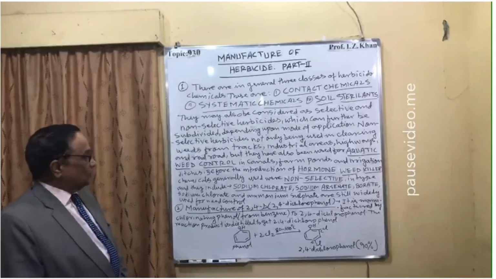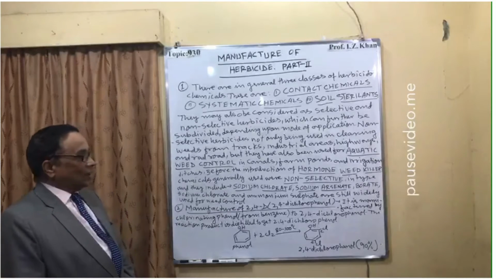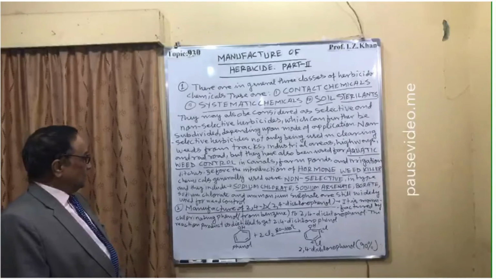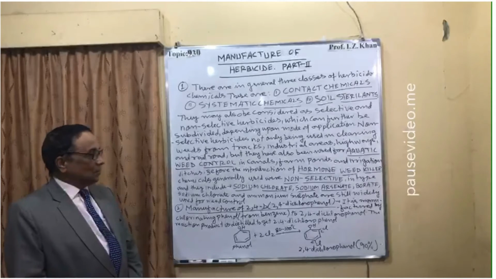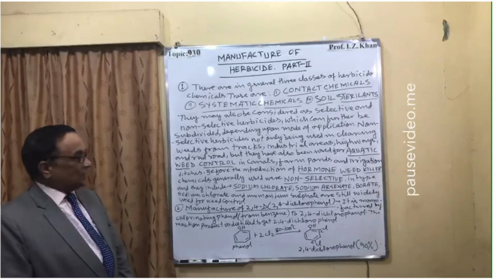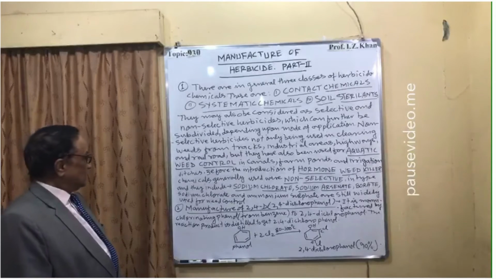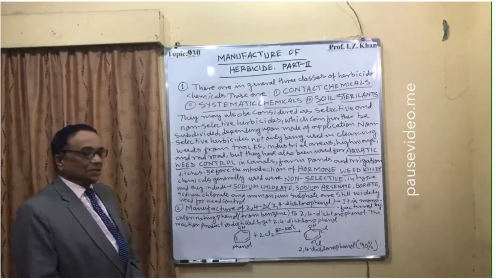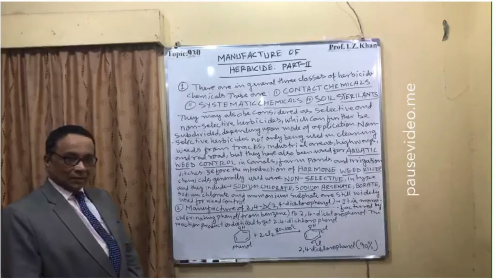The hormone weed killer chemicals generally used were non-selective in type, and they include sodium chlorate, sodium arsenate, and borate compounds. Sodium chlorate and ammonium sulfate are still widely used for weed control.